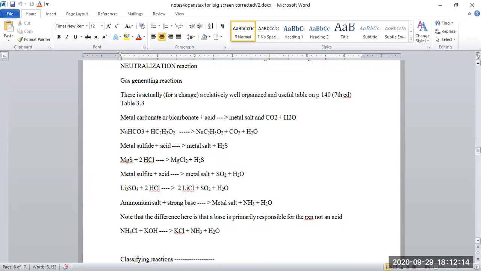Metal carbonate, meaning that whatever metal it was that helped to form this molecule, or a bicarbonate, HCO3. Add an acid, you get a metal salt, you get a carbon dioxide molecule, and you also get some water as a byproduct.